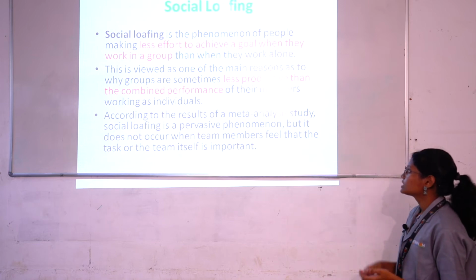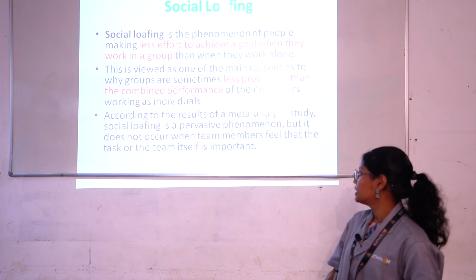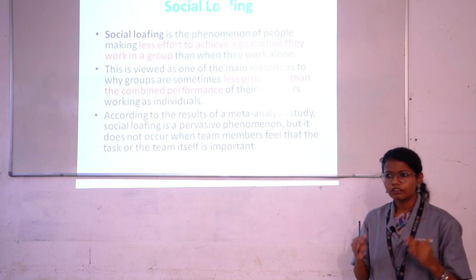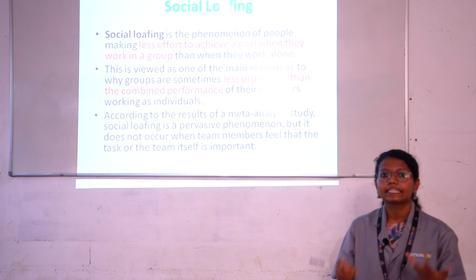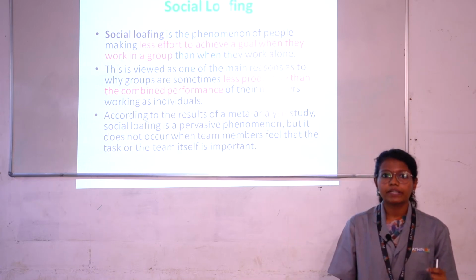According to the result of a meta-analysis study, social loafing is a pervasive phenomenon. What is a pervasive phenomenon? Pervasive means something, usually negative, which is present in that moment and which is spreading.